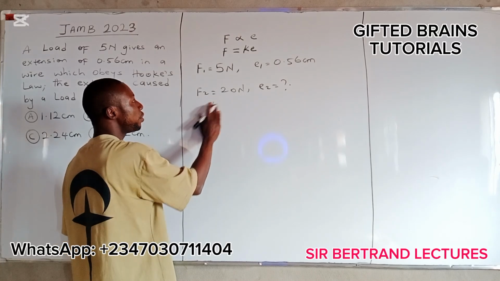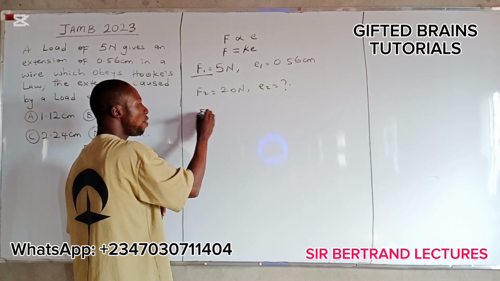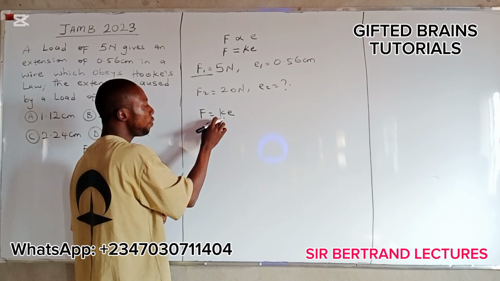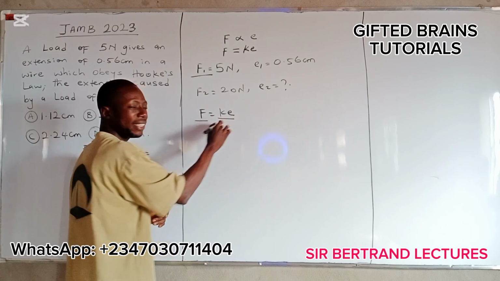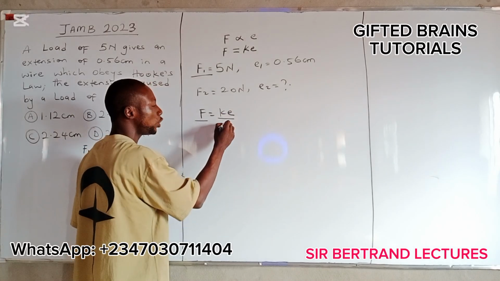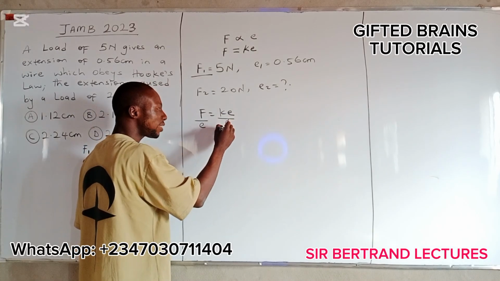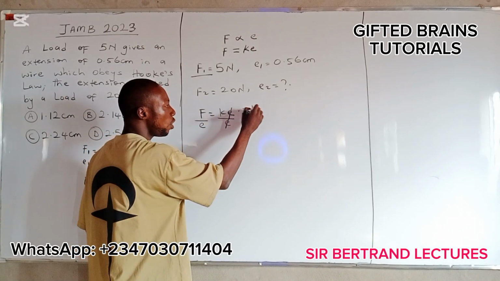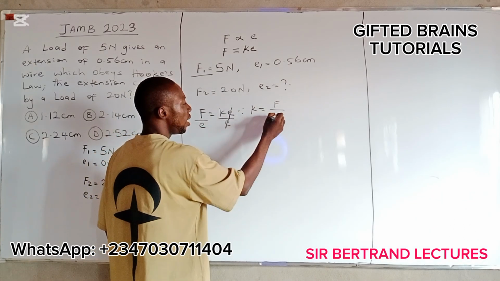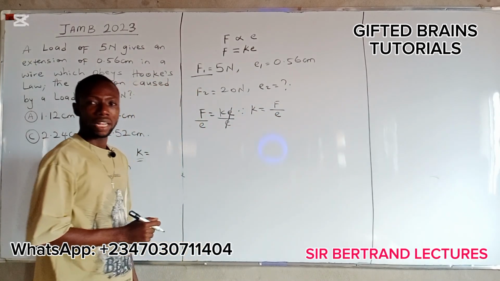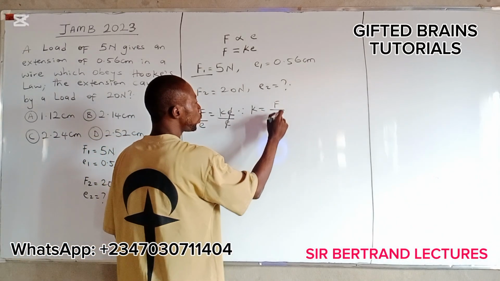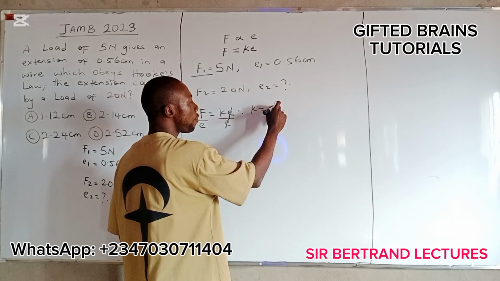Then F is equal to KE, and we are looking for K. Make K the subject of the formula by dividing both sides by extension. Extension cancels extension, therefore K is equal to force over extension. Now, what is the value of force?